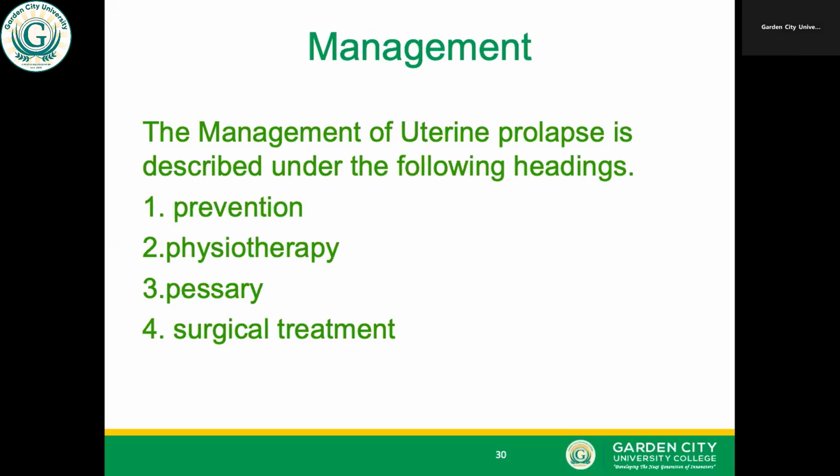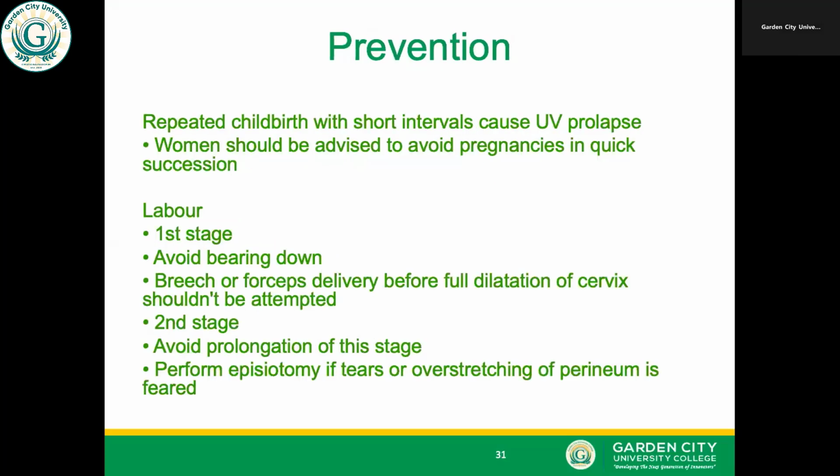Under the prevention methods, we have a lot of things you are supposed to do. Repeated vaginal birth with short intervals can cause uterine prolapse. So we will always encourage women to delay their births by introducing them to family planning methods to help space their children, because the quicker they get pregnant, the uterus is unable to rest.